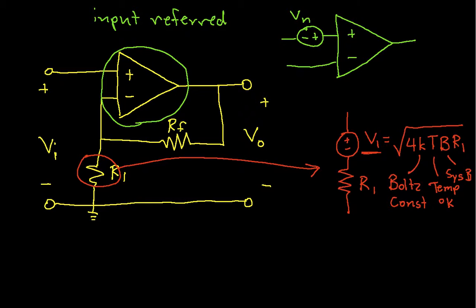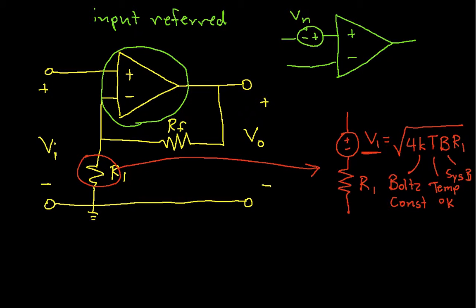Quite often these noise sources are also a function of frequency. And this depends on the way the op-amp is constructed, how this function of frequency would look. But this is the approach we'll use. It's probably the simplest one.